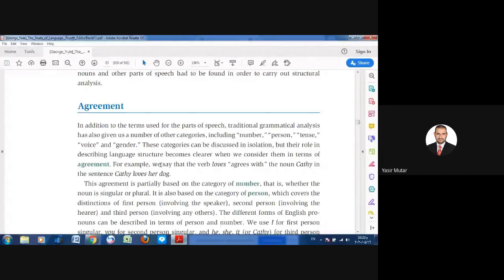So even in singular and plural, I have to choose the appropriate pronoun so that the sentence will be acceptable in the English language. I'll stop here, and inshallah in the next lecture we'll go through this section.